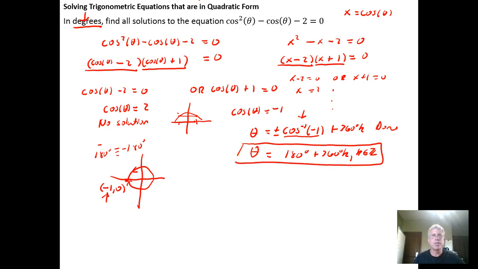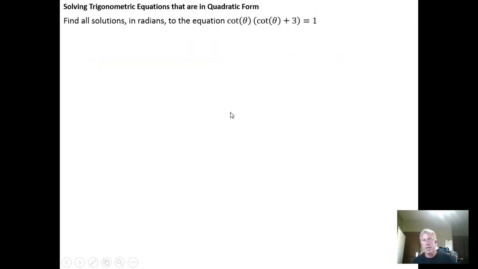And we have one more example if you're interested in seeing it. So one more example with a quadratic form. So it says find all solutions in radians this time to the equation cotangent of theta times cotangent of theta plus 3 equals 1. So I'm going to rewrite the problem.